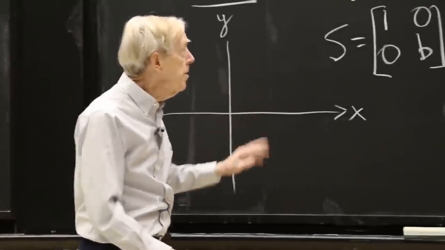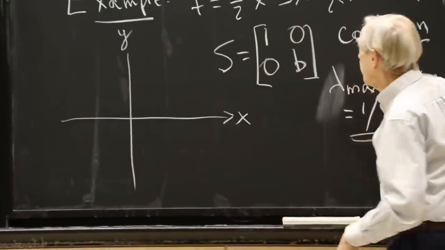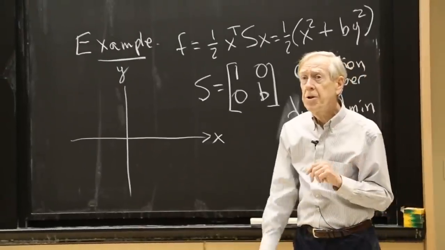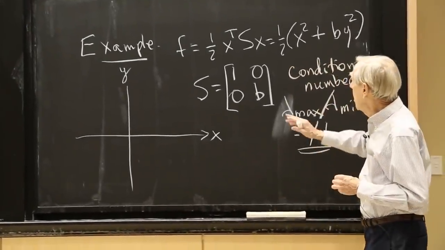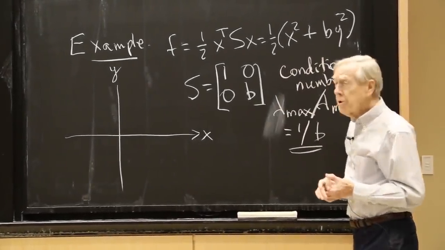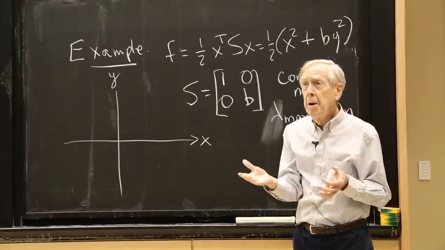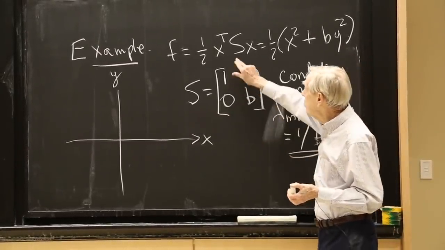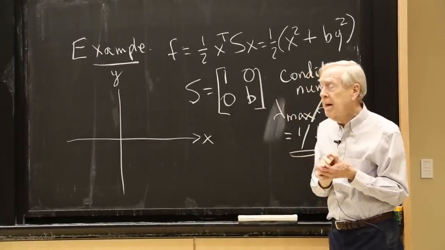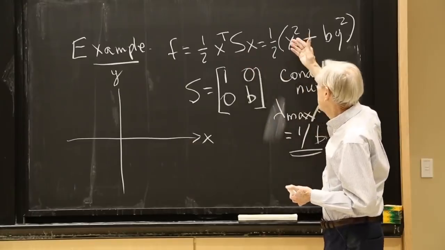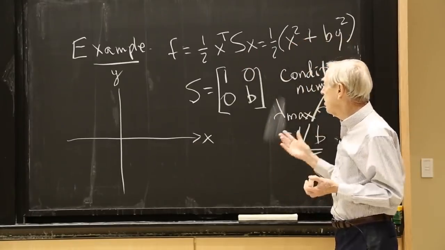The function is a pure quadratic, two unknowns, x and y, pure quadratic. So every pure quadratic I can write in terms of a symmetric matrix S, and in this case, x1 squared plus b x2 squared.